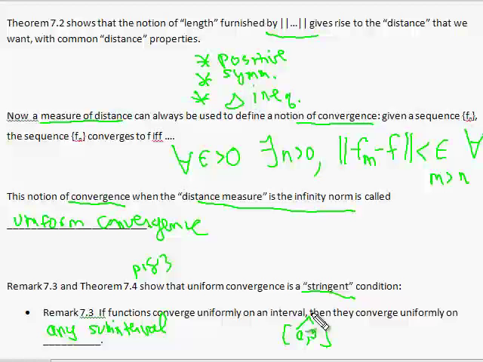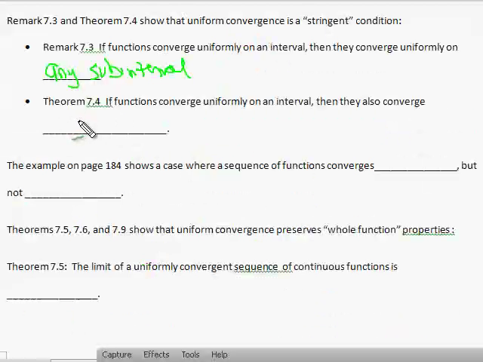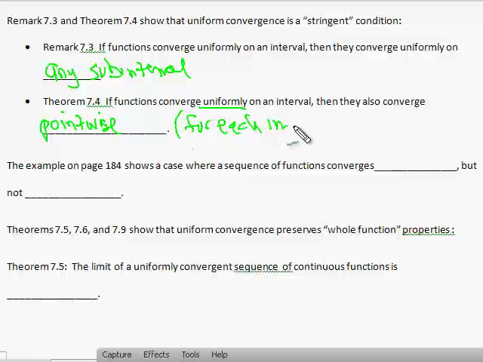Handy property. Okay, theorem 7.4 says if functions converge uniformly on an interval, they also converge pointwise. Pointwise is our usual convergence using absolute value for each individual value of x. So I can say this for each individual x element of AB.